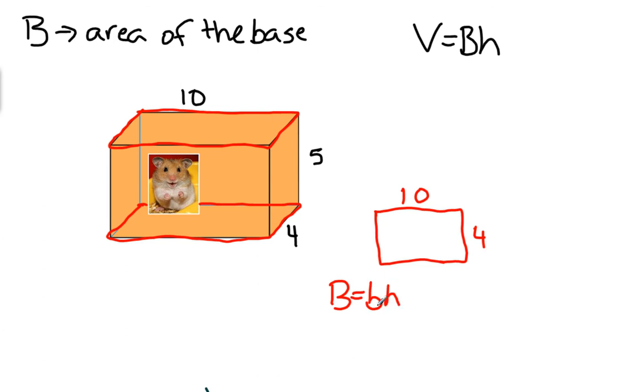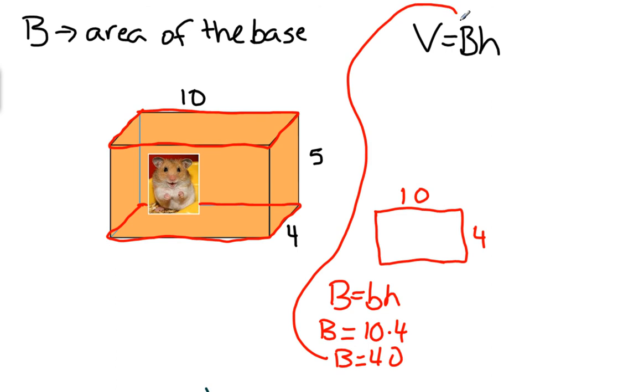Little b just means it's one side of the rectangle. In this case, we can call it 10 and the height of 4. So the area of our base is 10 times 4, which is 40. We can take this area and replace it with big B right here. So big B is going to be 40.